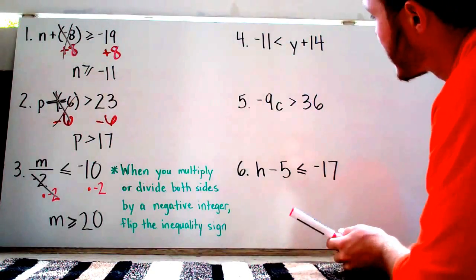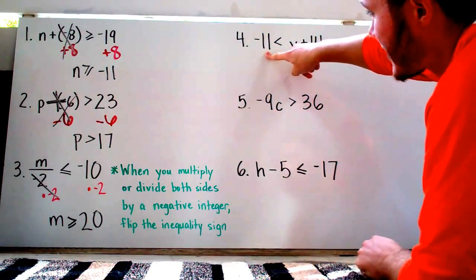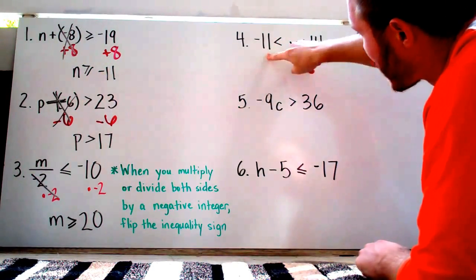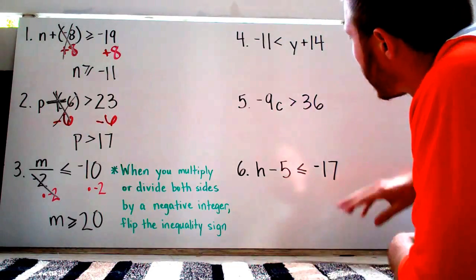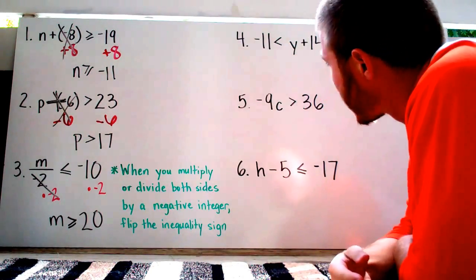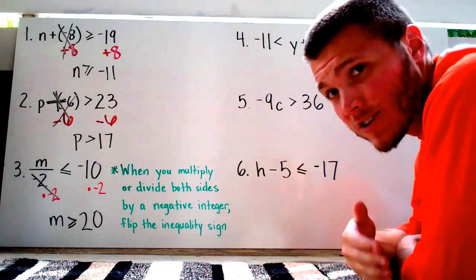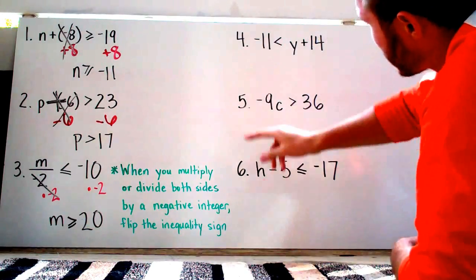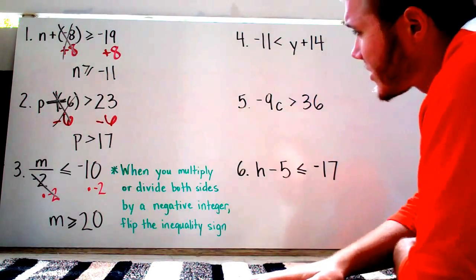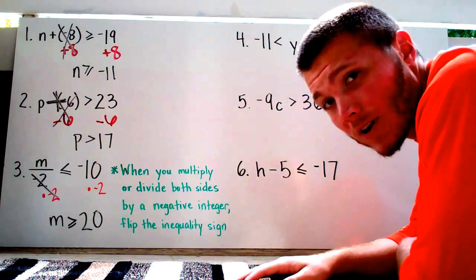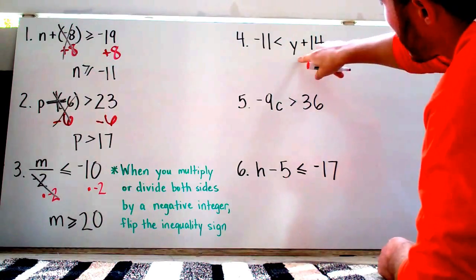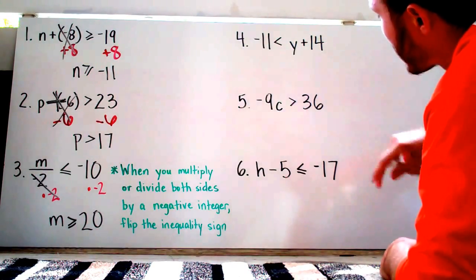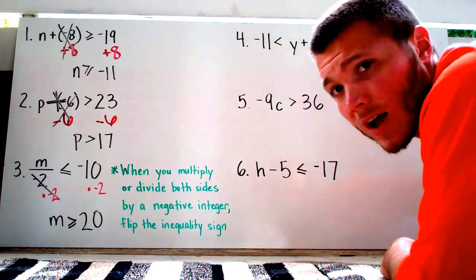First thing you might have noticed for this one is I just had the answer, or that one number, all by itself on the left side instead of like those where they were all on the right side. That's okay. You're still going to do the exact same thing. Just because I have the variable on the right side now doesn't mean I'm going to do anything different. I want to get that variable by itself. Well, right now I'm adding 14 to y.